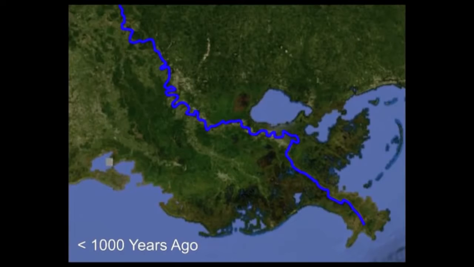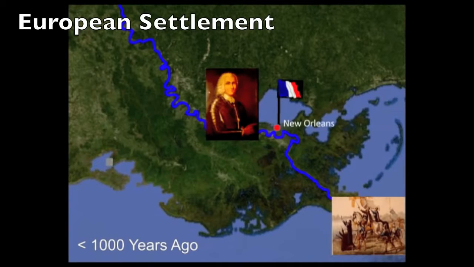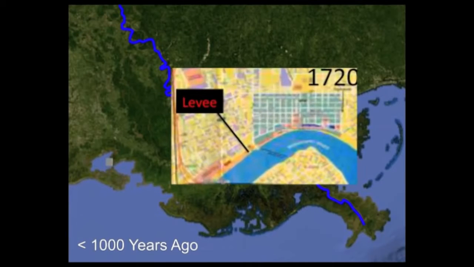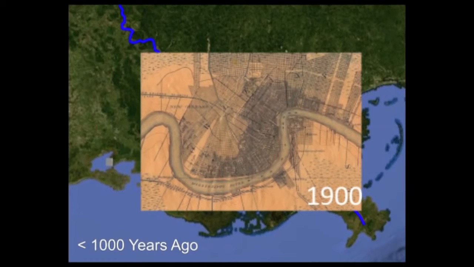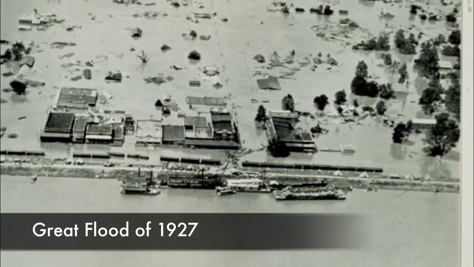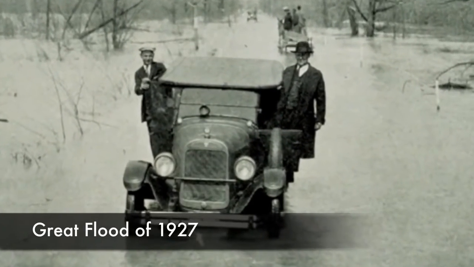The river periodically overflowed its banks each spring, delivering sediments to the coastal marshes and swamps. Then Europeans arrived on the scene and established New Orleans in a bend of the Mississippi River. To prevent flooding of New Orleans, levees were built, and these were extended as the city grew. Then in the 1920s, there were catastrophic floods such as the Great Flood of 1927.